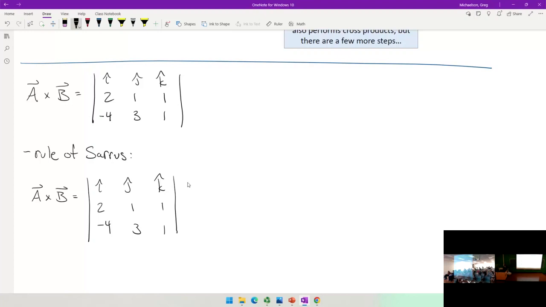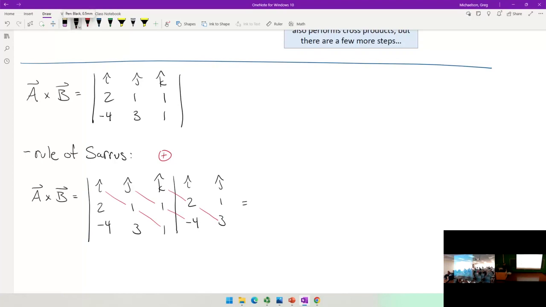So we say I, 2, negative 4, J, 1, 3. And what we do is we take all of the products this way, we treat those as positive. So I'll use a red line for that. So we do that, that, that, sort of diagonally, and we treat those as positive.